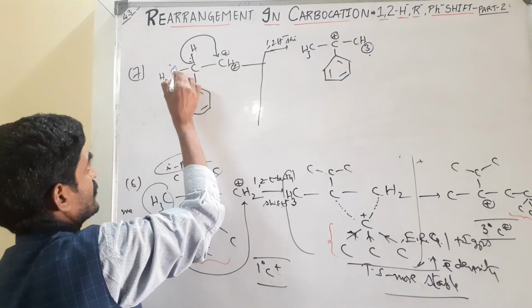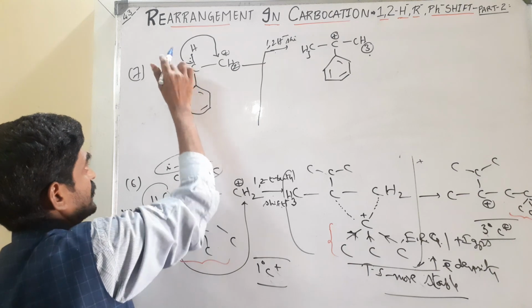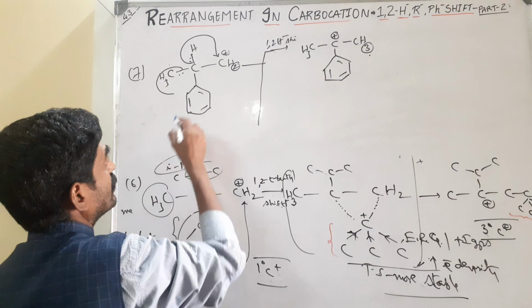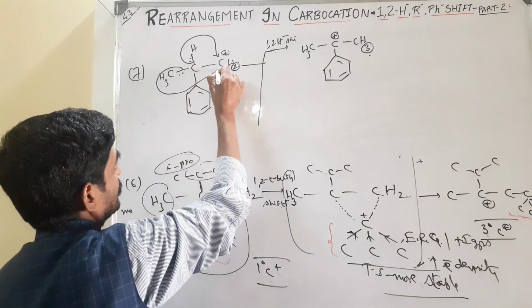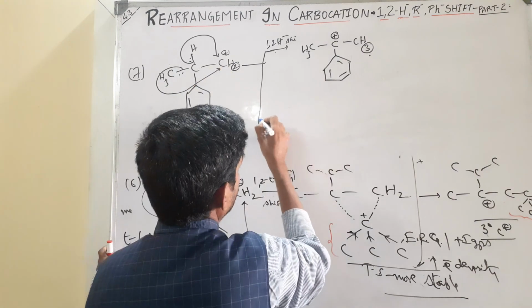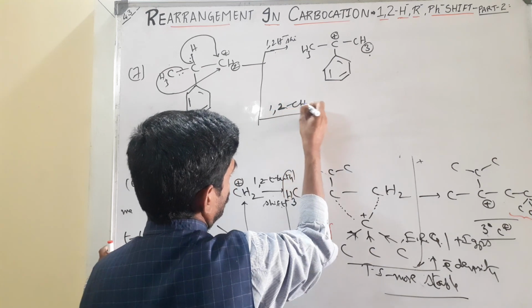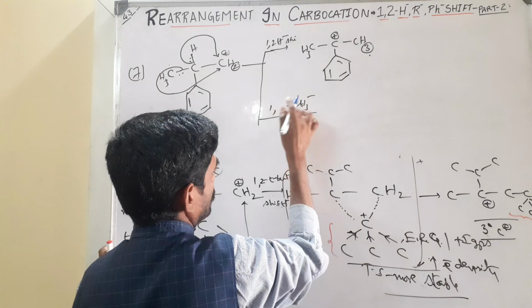Next, if methyl group shifting takes place, then what will we get? If the methyl group shifted, it will take these two electrons and its bond gets disconnected with the shifting of the methyl group. This is a 1,2 methyl shift.